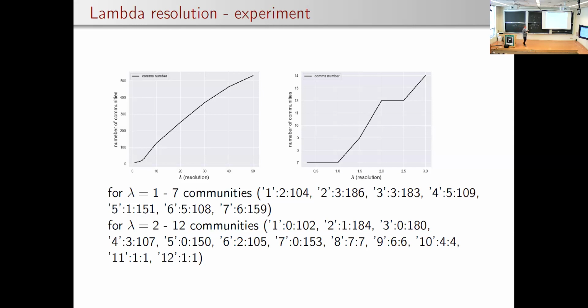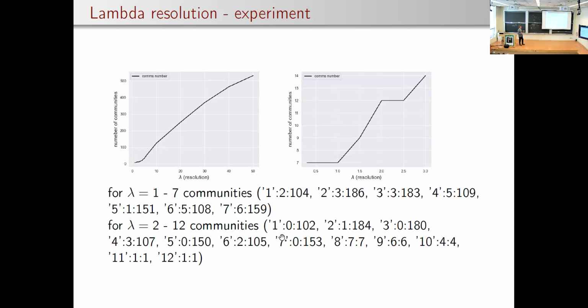But if you take this parameter to 2, we find that we have 12 communities, and we can see from the last one that we have one community with 1 node, and this node is an outlier. We also have a community with 4 nodes, and these 4 nodes are also outliers.